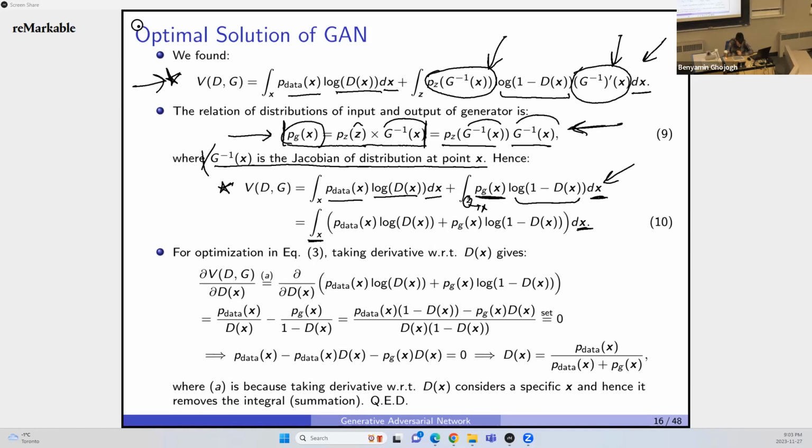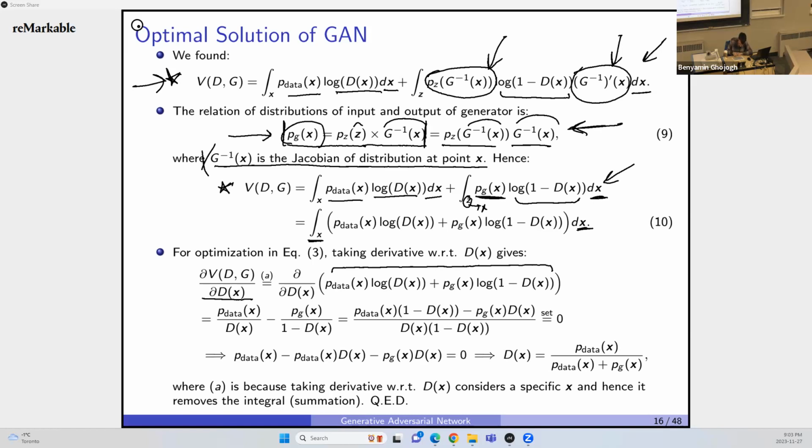Now, we want to optimize equation 3. What was equation 3? I don't remember, but it was the loss function. So what should we do for gradient descent and ascent in GAN? You should take derivative. For the discriminator, I should take derivative with respect to D. For the generator, I need to take derivative with respect to G. So for the discriminator, I take this, and this was my loss.